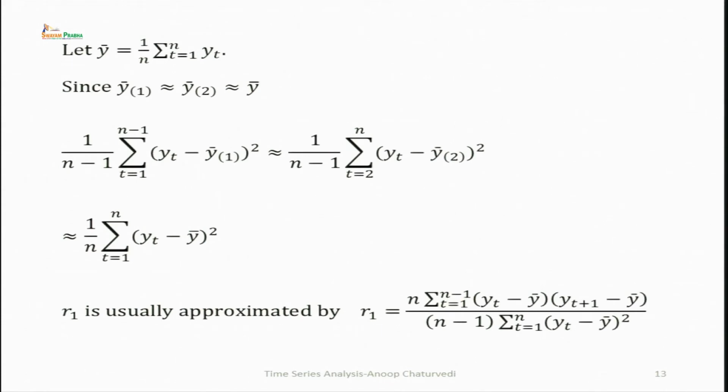Now, suppose y bar is the mean of all the n observations, y bar equal to 1 upon n summation t equal to 1 to n yt. Now, what is the difference between y1 bar, y2 bar and y bar? In fact, the series on the basis of which you have defined y1 bar has n minus 1 terms, from y1 to yn minus 1.